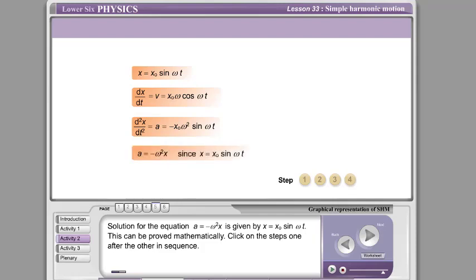Since x equals x naught times sine omega t, a equals negative omega square x.